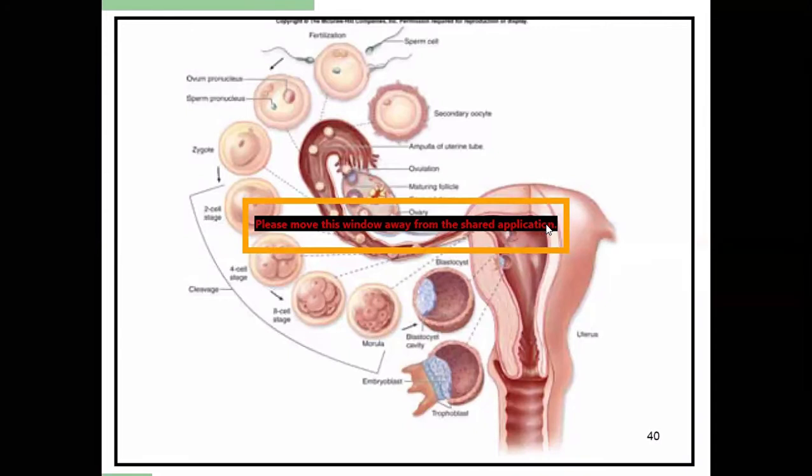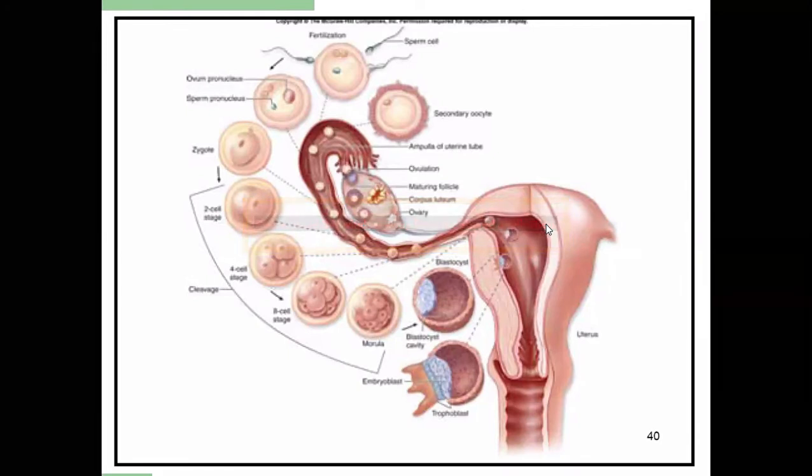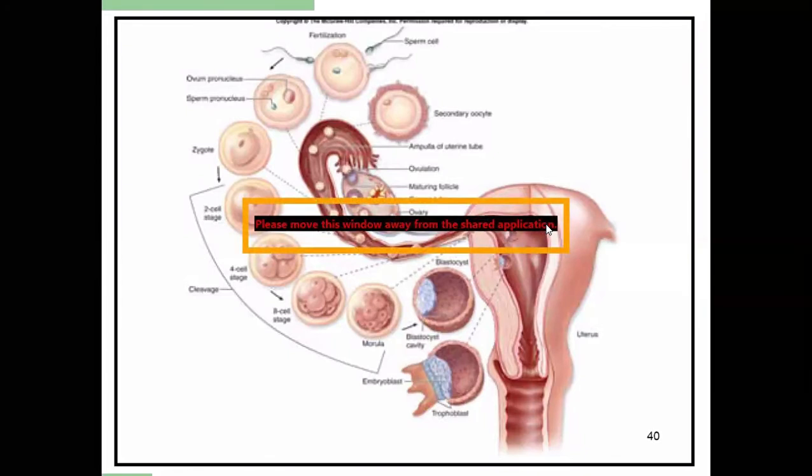After ovulation, the mature graafian follicle will discharge the ovum, and it will be caught by the fimbria. You know, in the fallopian tube, there's a fimbria there. The ovum will travel through the whole length of the fallopian tube, but it has to be fertilized at the ampulla.